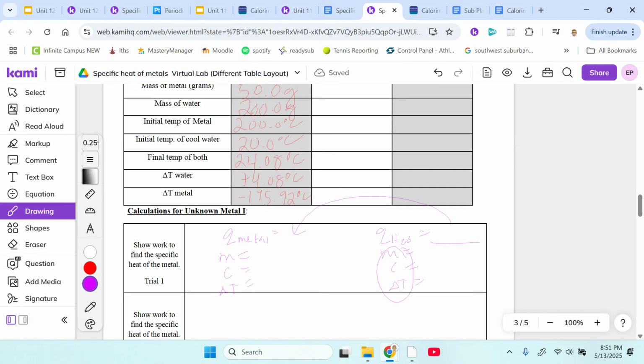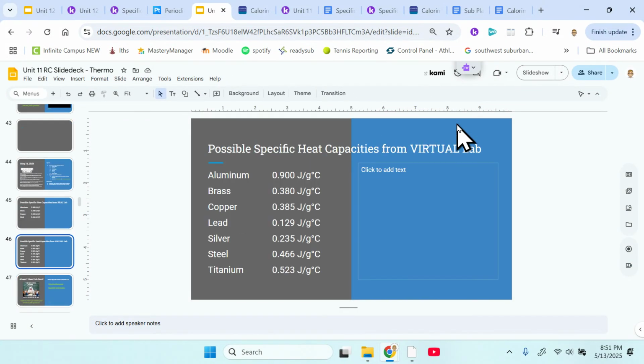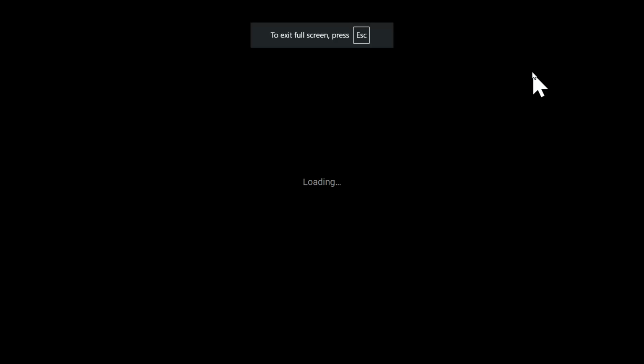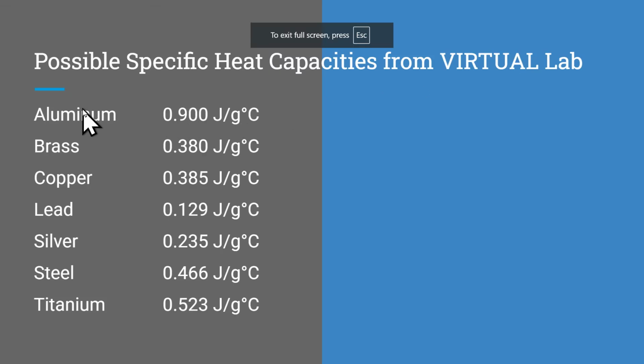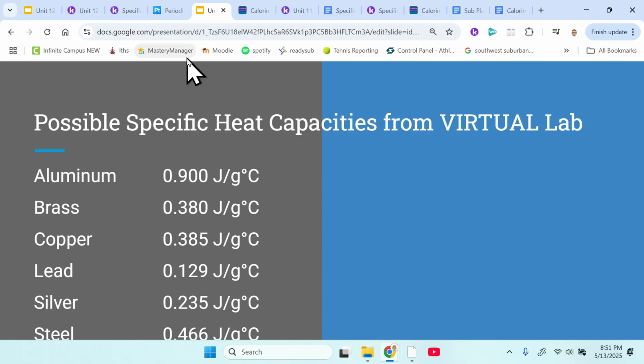That will be equal to this, but opposite in sign. Finally, you'll have to do some division to calculate your c value, and then you can take a peek at the data table in our slide deck and note that we've got aluminum all the way down to titanium and the resulting specific heat capacity values to help you identify that unknown metal.